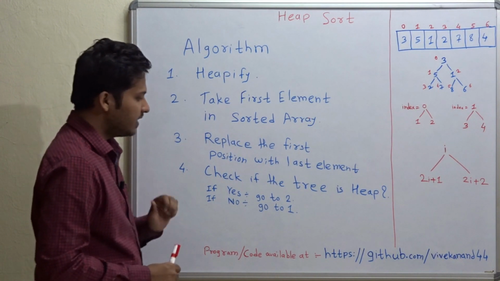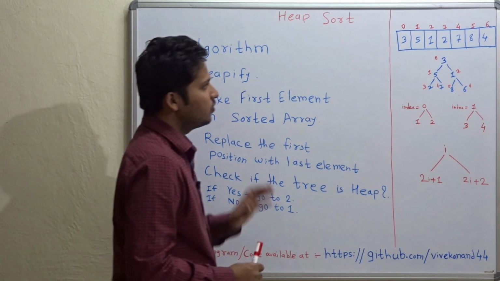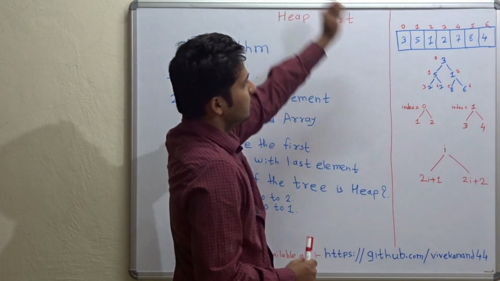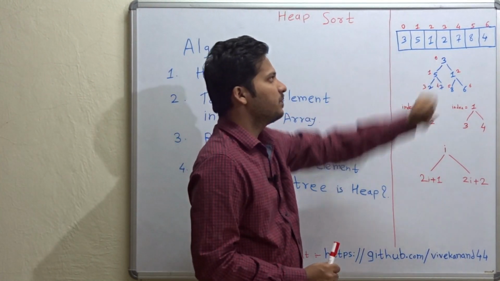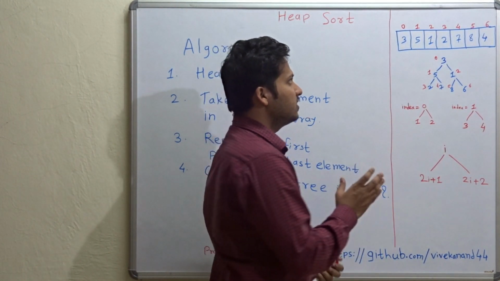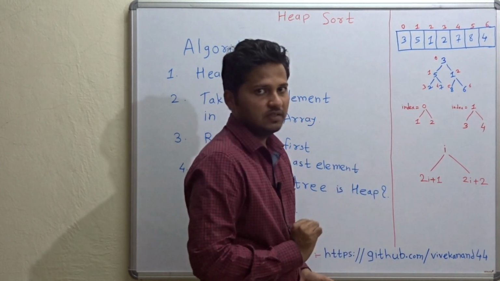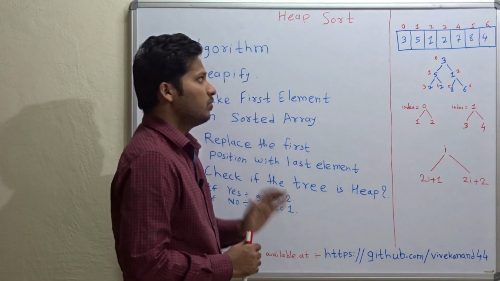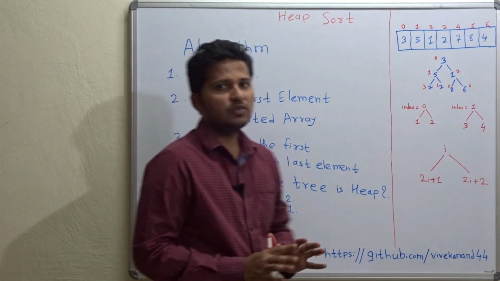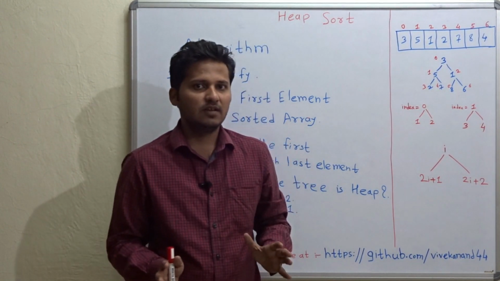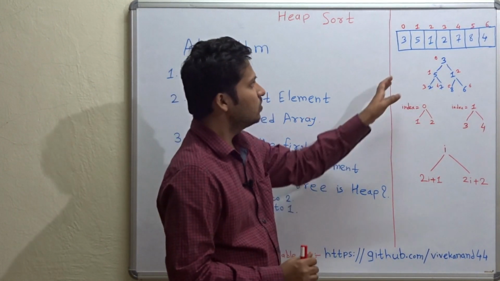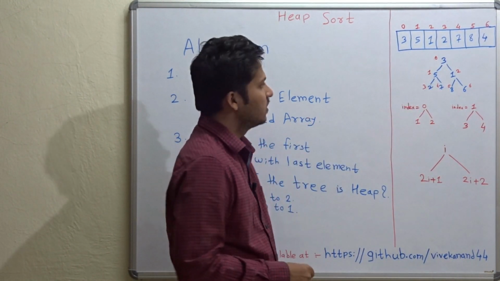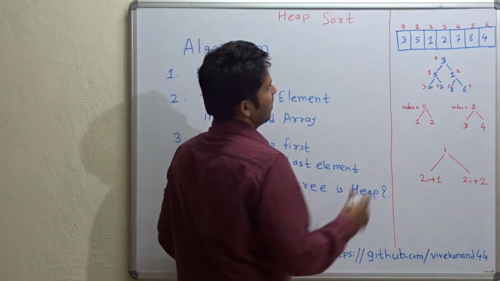So for writing the program, I have to tell you an important thing here. This array, we are going to consider as a binary tree, which I said previously. But we are not going to create any binary tree here. Actually, we are going to use this array as a binary tree. So what does this mean?